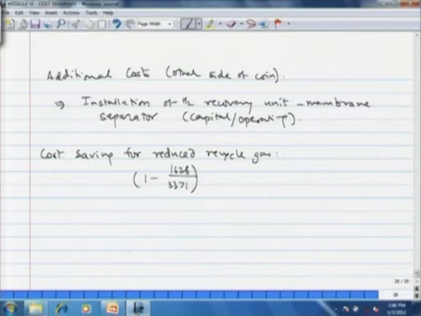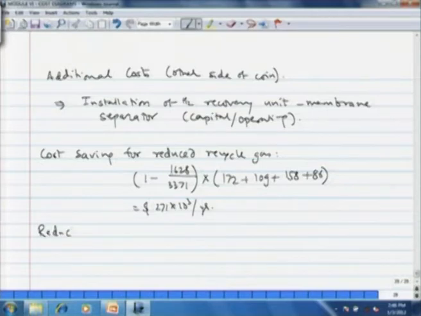Now the previous recycle gas flow was 3371 moles per hour. The new is 1628. So 1 minus this quantity is the saving, and then you pick up all the costs that are associated with gas recycle in the cost allocation diagram. You can refer to the previous lecture. These are $271,000 annually.